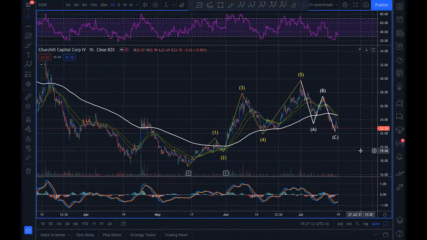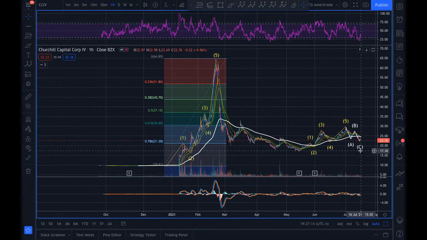Based on this looking like 5 waves up, this correction came all the way down to the 786 already, and it made what looks like a double correction, like a 1, 2, 3, 4, 5, and then a B, 1, 2, 3, and then X, and 1, 2, 3 again.